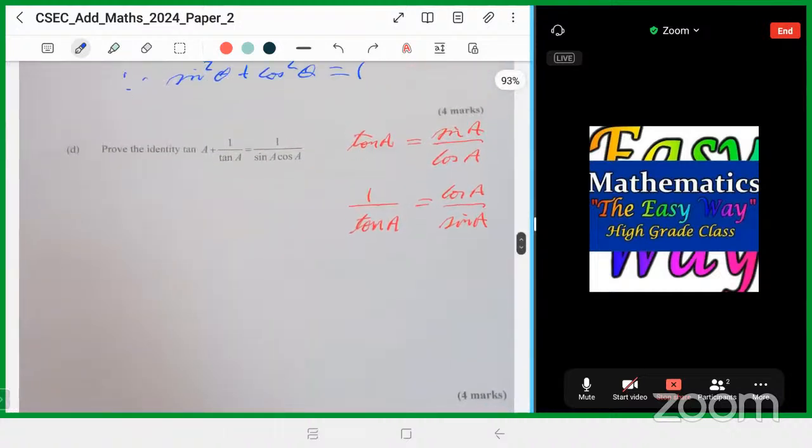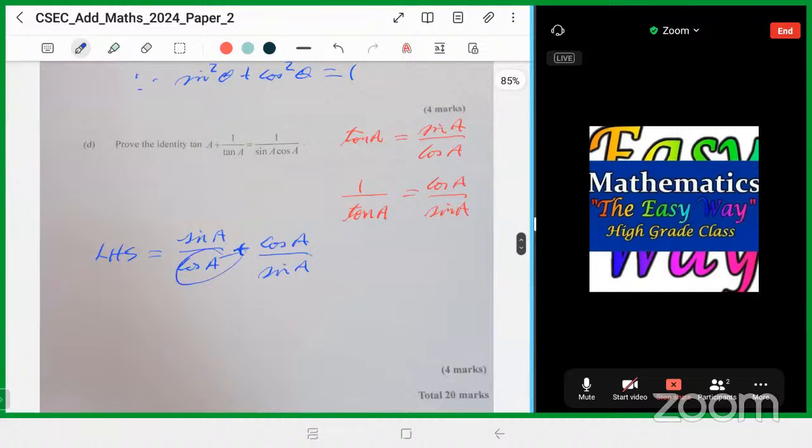So the left-hand side of this expression is therefore equal to this plus this, which is the sum of these two things, which is sine of A over cos of A plus cos of A over sine of A. What do we do?